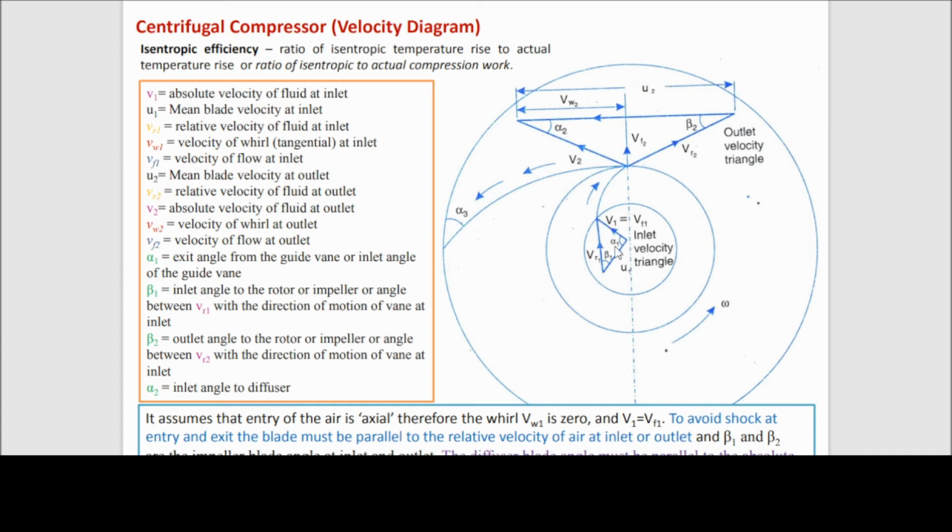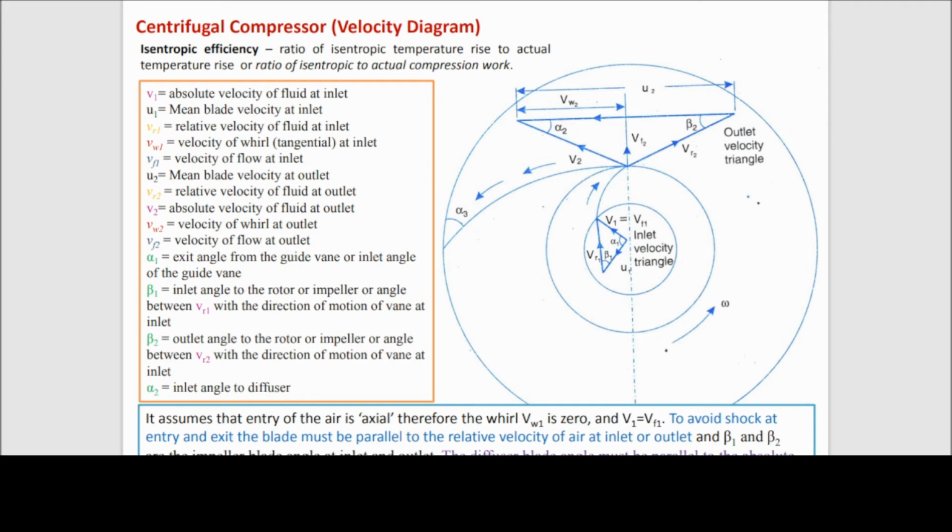This completes the vector diagram, so I will draw it. See, this was the blade velocity, and radially outwards is the flow velocity or absolute velocity. Actually, the flow velocity and absolute velocity are the same here.